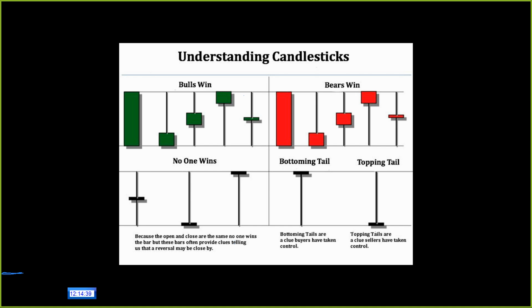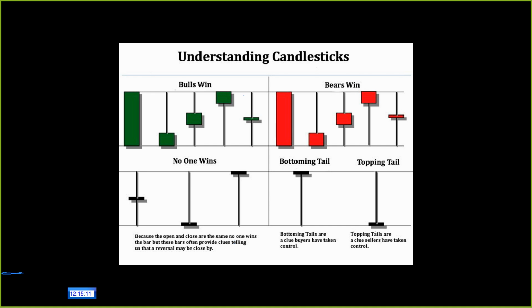What a lot of people get messed up on is trying to learn how to read charts.